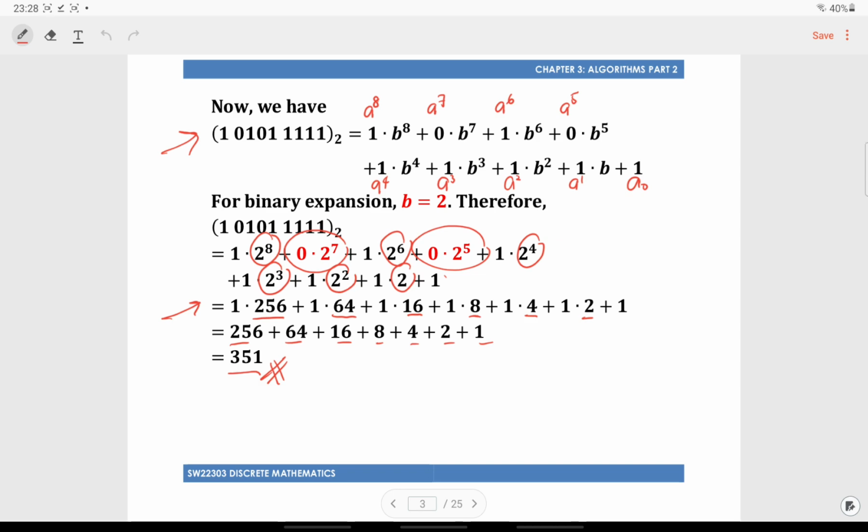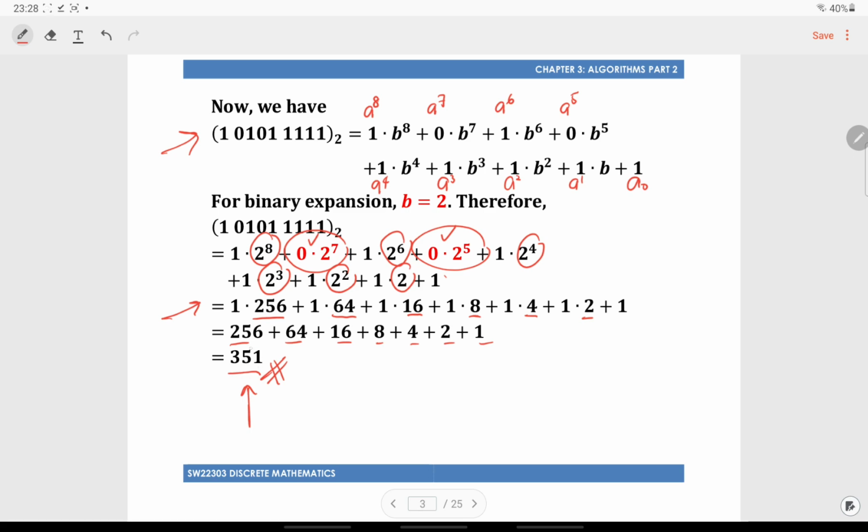We omit all terms with coefficient 0 because the outcome is 0. Finally, we do the multiplication and addition until we obtain a single value. So this is the decimal expansion.